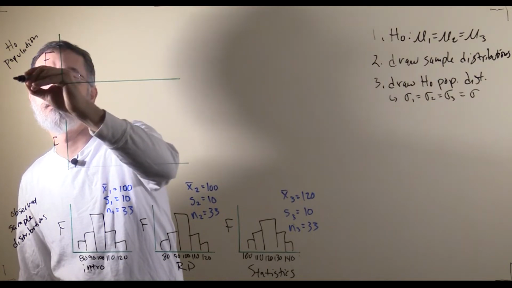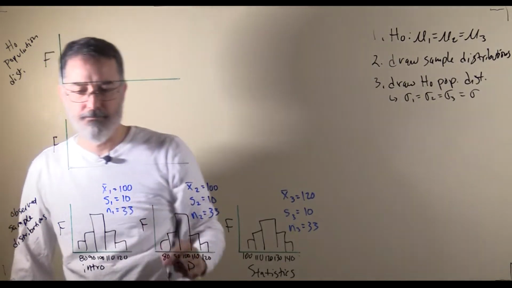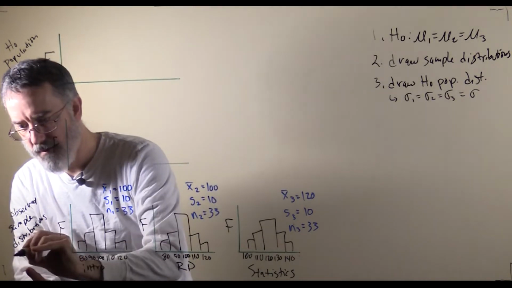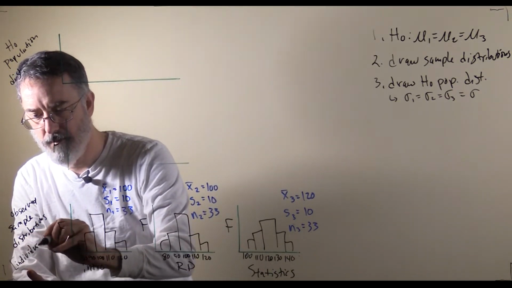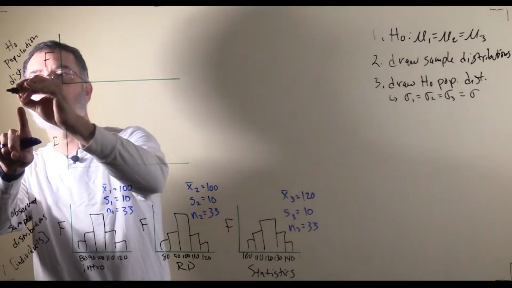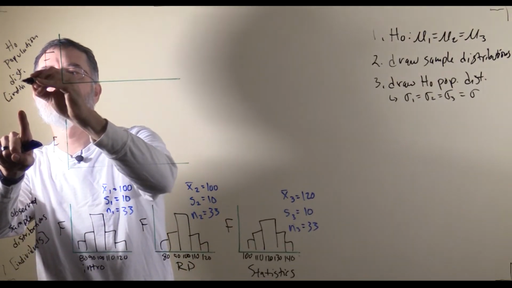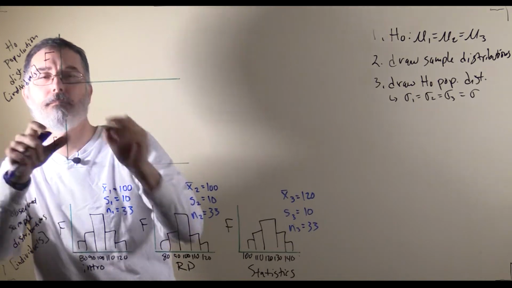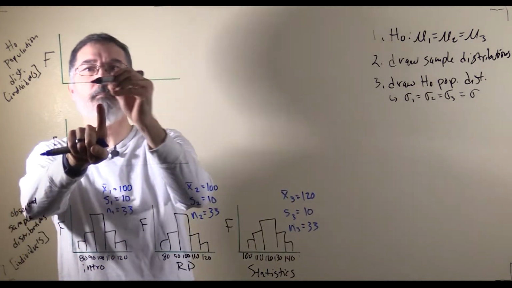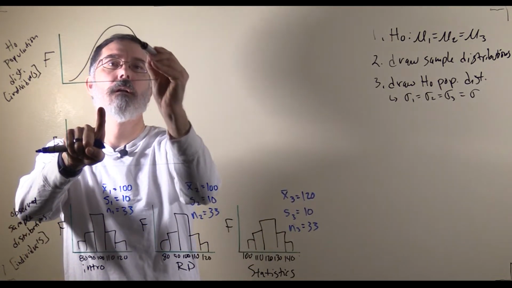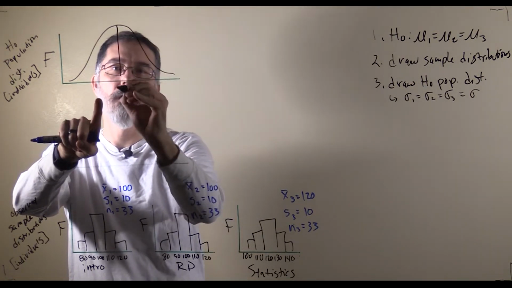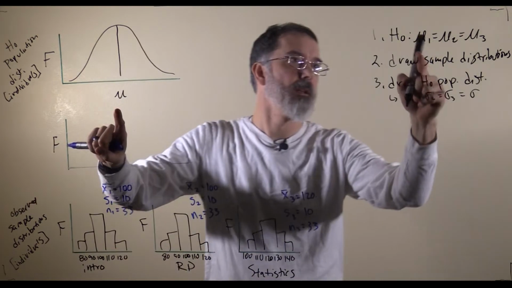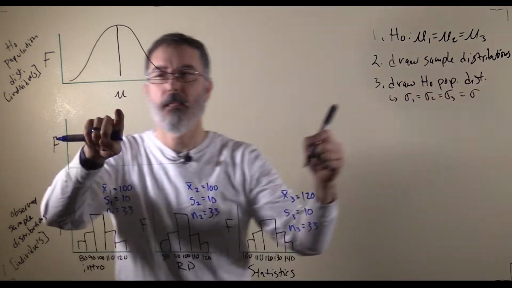population distribution, right? So these were individuals, individual students. And these are going to be individuals as well. And this will be a normal distribution with a mean equal to whatever these three are.